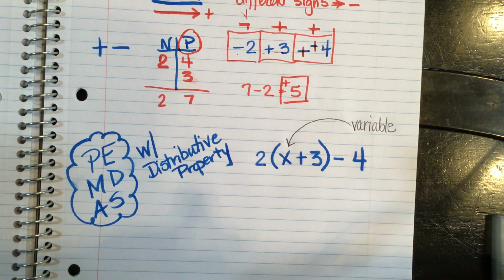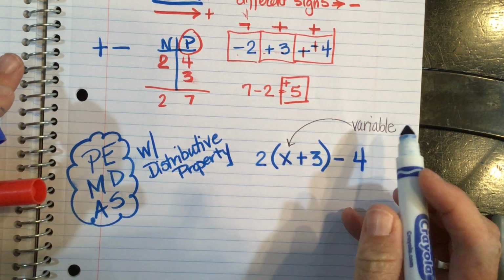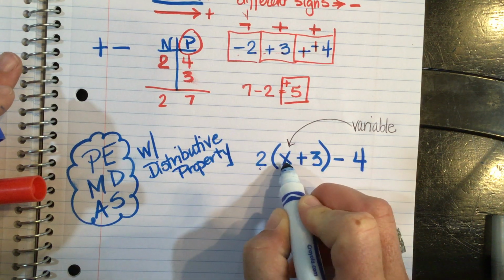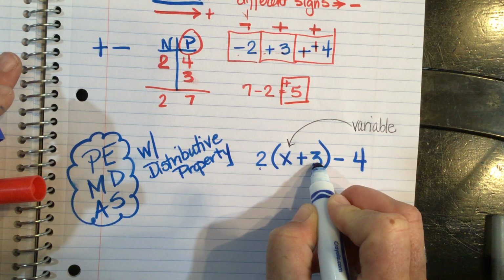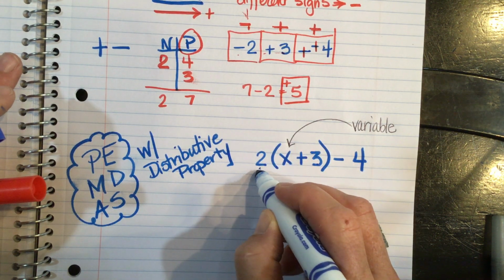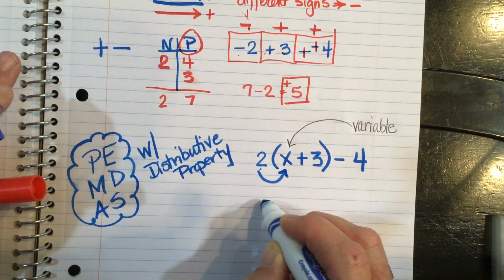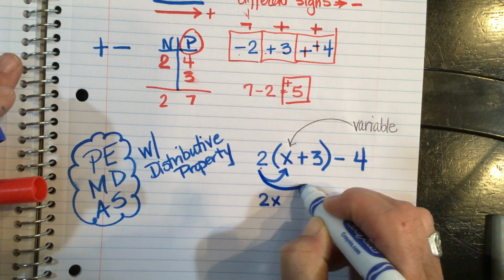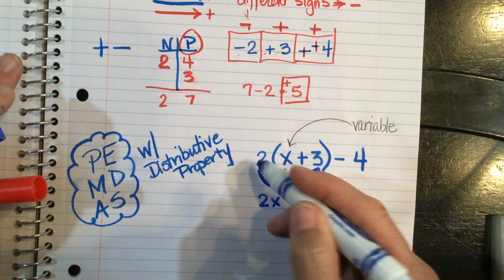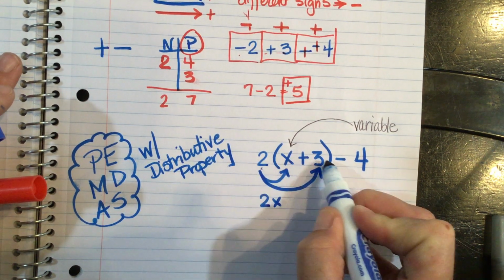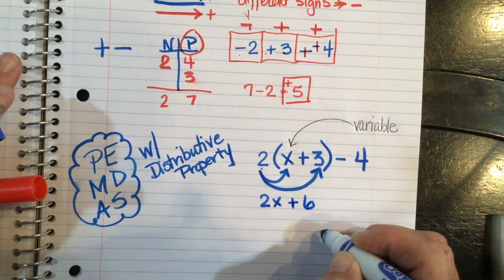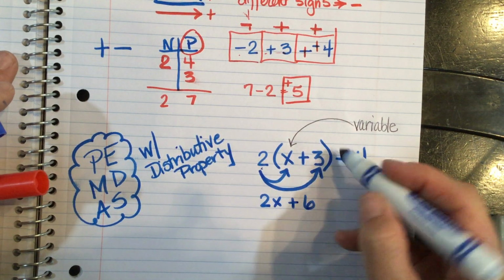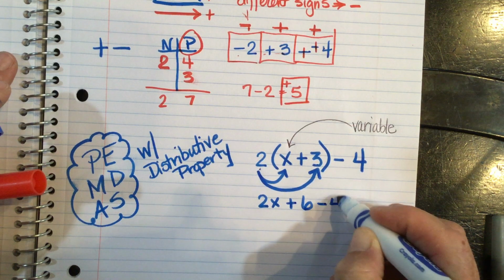So when you have the distributive property, you distribute the number that is multiplying all of the terms within the parentheses. Okay? So I'm going to multiply 2 times x. That gives me 2x. Now I'm going to multiply that 2 times the 3. I'm distributing the 2 to each term. 2 times 3 is going to give me 6. So now I've simplified the distributive property, and I'm going to carry down the rest of the expression.